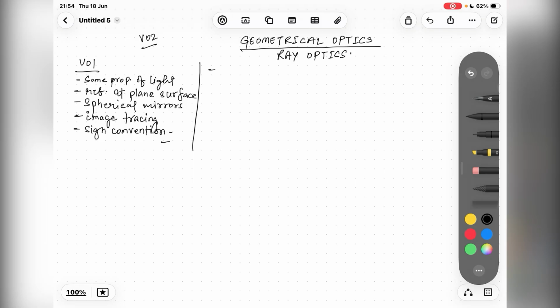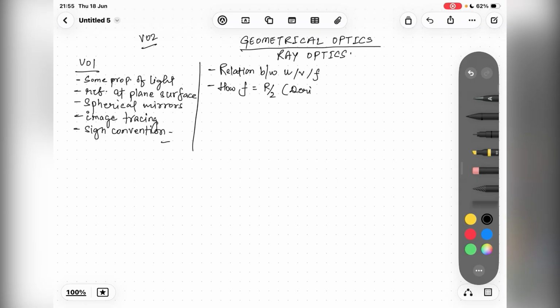see, we will try to establish the relation between u, v and f. After that we will see how f is half the length of radius of curvature.